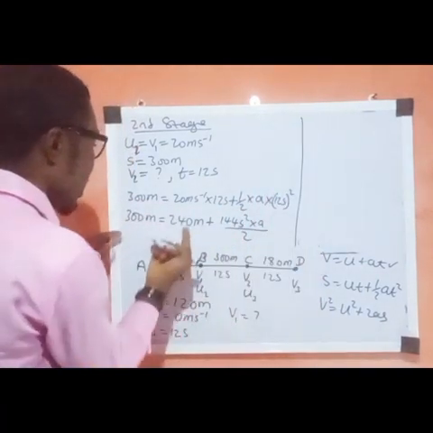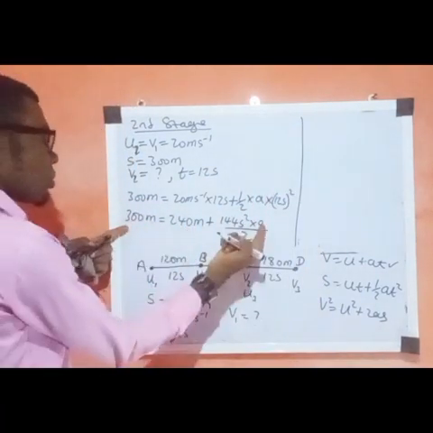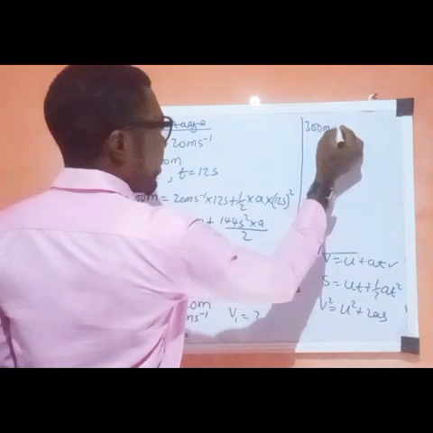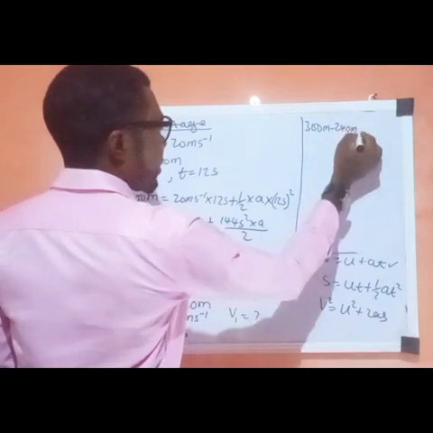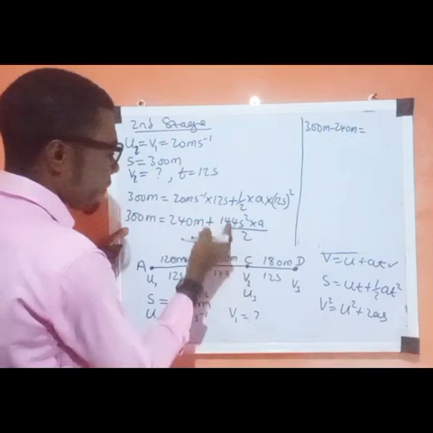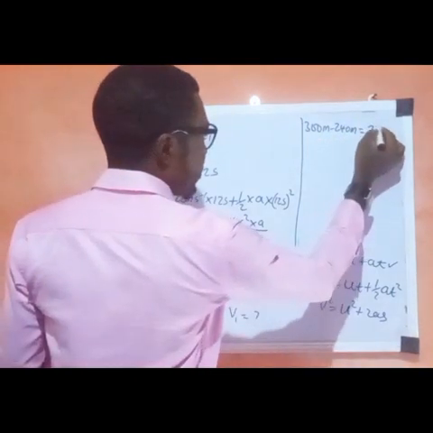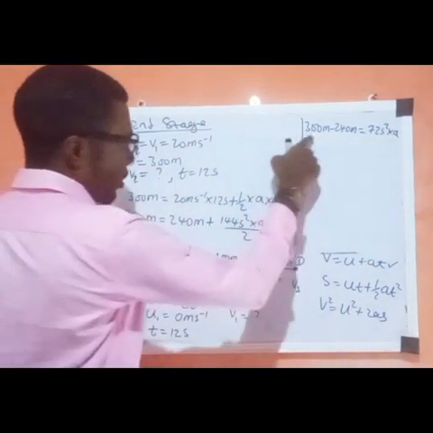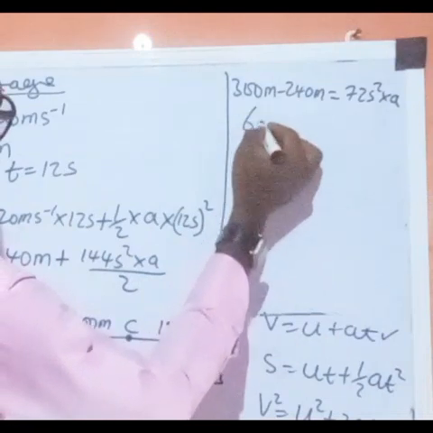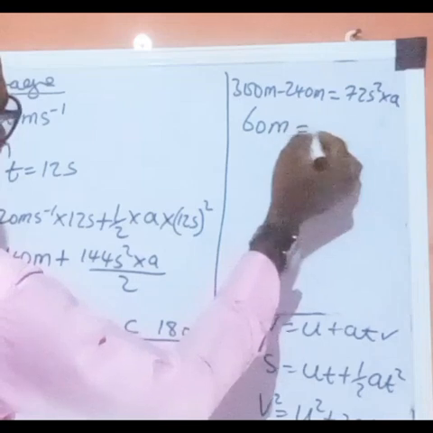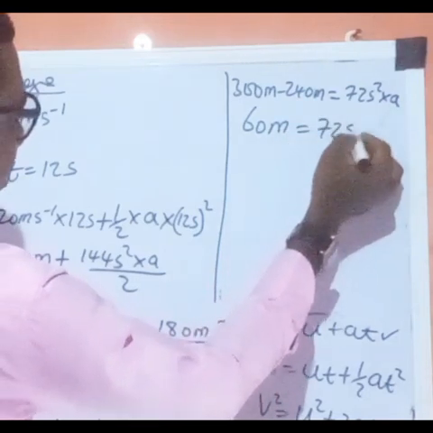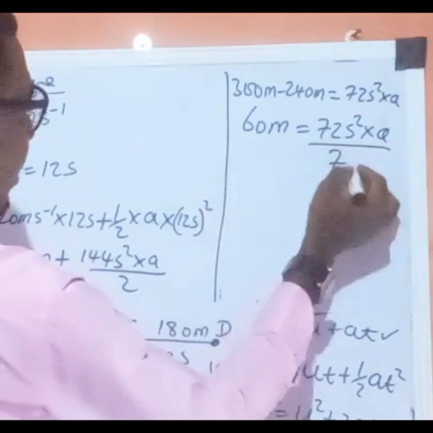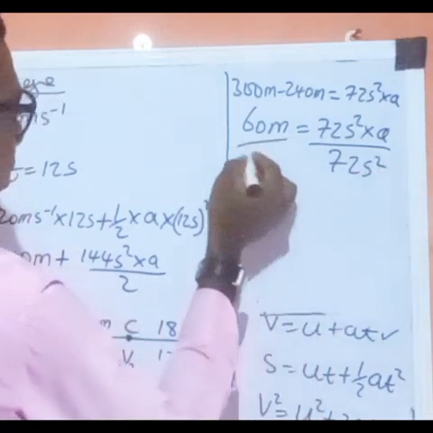So we can now say if 240 crosses the sign of equality, we are looking for A, we have 300 meters minus 240 meters to be equal to 2 divide 144 will give us 72 seconds squared times A. 300 minus 240 will give us 60 meters equals 72 seconds squared times A. Then to find A, you divide both sides by 72 seconds squared.